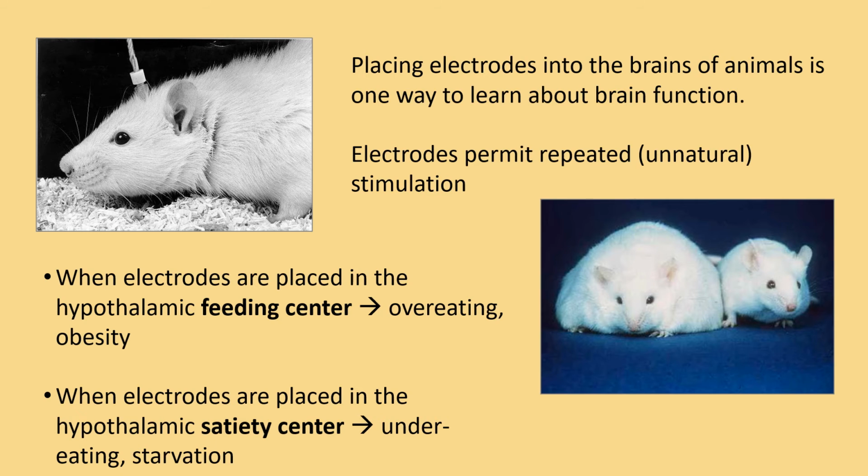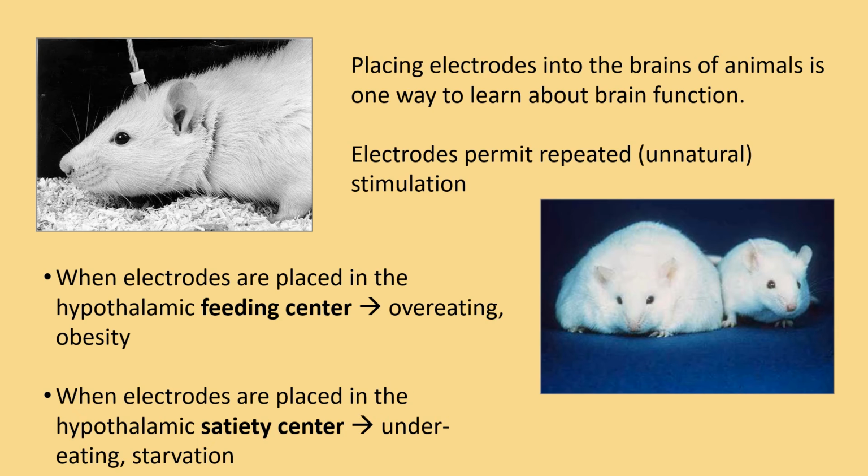And so scientists, in trying to understand the hypothalamus and specifically the nervous system control of the sense of hunger versus the sense of satiety, place electrodes into the brains of mice, and these electrodes allow the researchers to deliver electrical stimulation to very specific clusters of neurons in the brain. And so you can artificially induce action potentials in these neurons. You can cause them to light up and become active and see what the effects are on the behavior and the overall health of the animal.